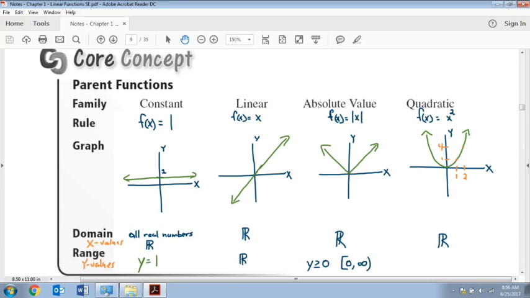So, much like the absolute value, it is y is greater than or equal to 0, everything bigger than and including 0. If we wanted to write that as an interval, the lowest point is 0 and it's included, and the highest point is infinity. And those are the 4 functions that we are going to be using throughout this section.